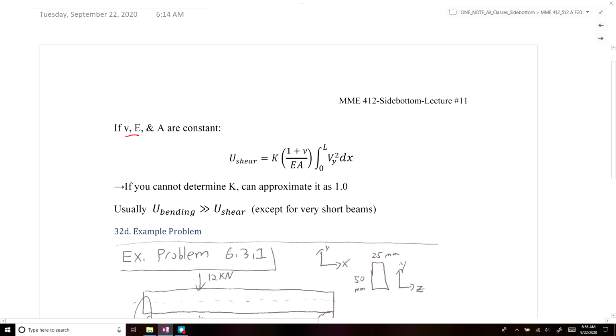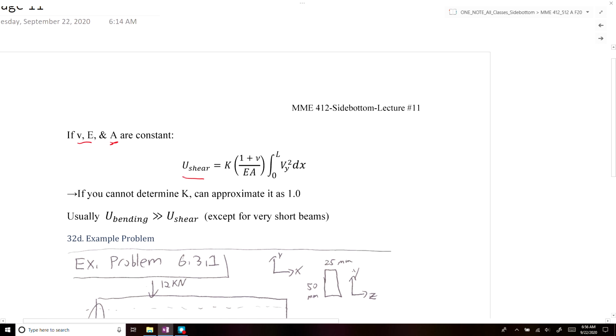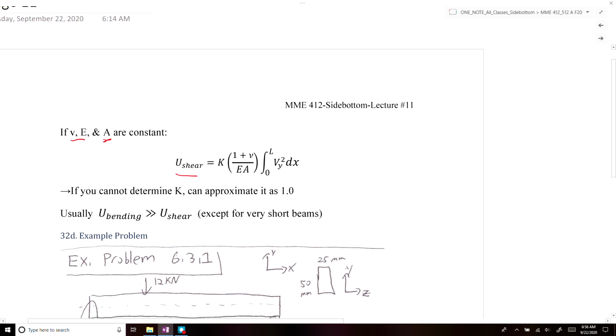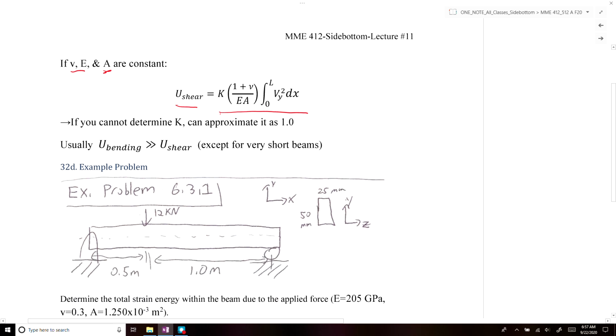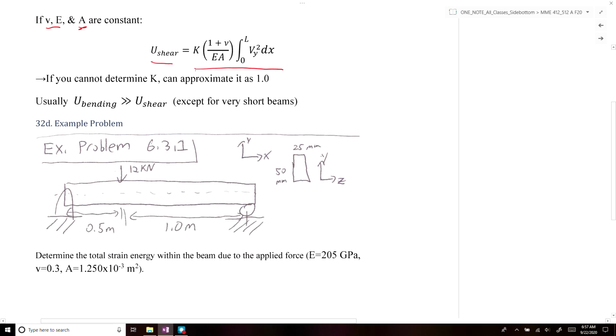In a lot of cases, you can also assume that the Poisson's ratio and your elastic modulus are constant if it's the same material across the whole beam, and if you have a uniform cross section across the whole beam, the equation for the total strain energy due to shear would simplify down to this nice simple equation here. Typically the bending strain energy is much greater than the shear unless you have a very short beam.